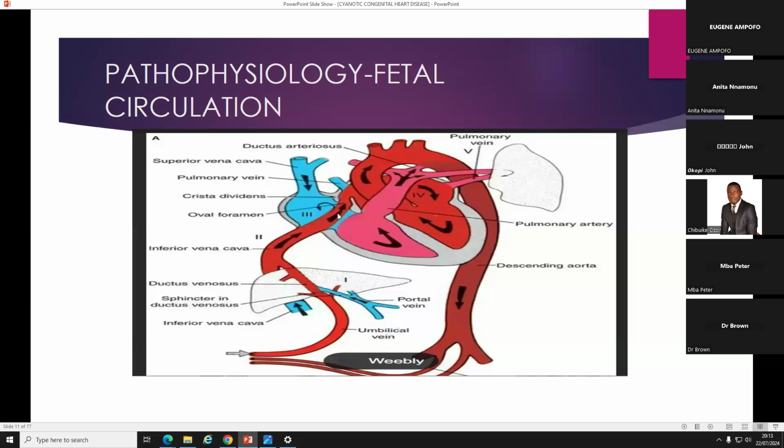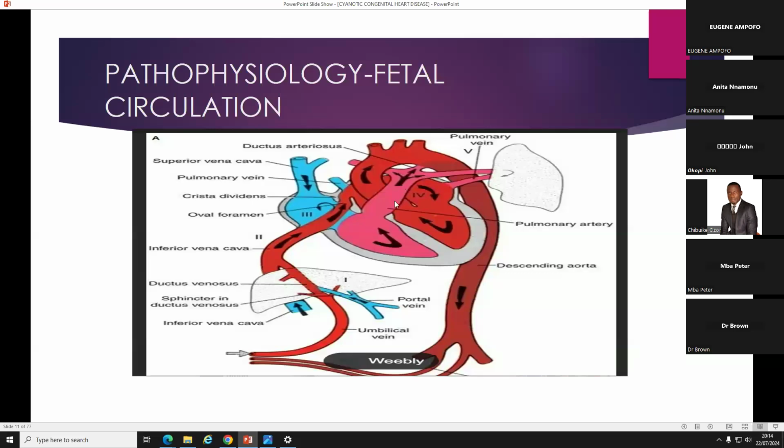Now, just to note, if you take a look at the picture, in the inferior vena cava you have oxygenated blood. As it crosses over through the left ventricle into the aorta, it is joined by blood from the ductus arteriosus. Now, some blood from the inferior vena cava does go into the right ventricle, which then moves into the pulmonary artery.